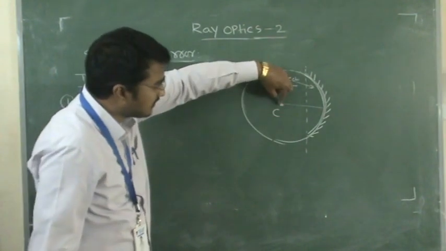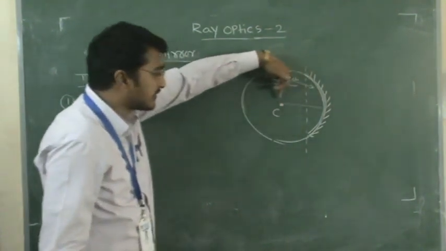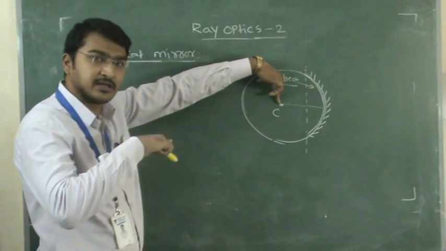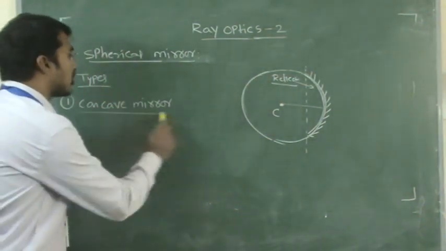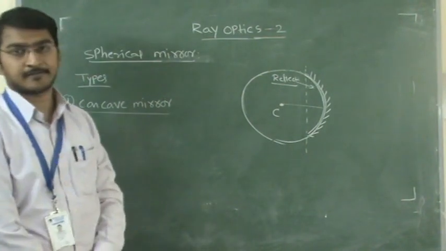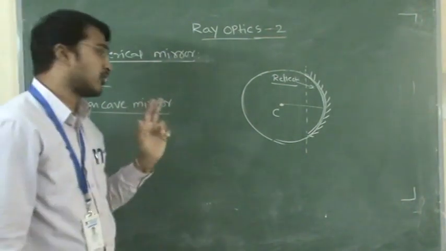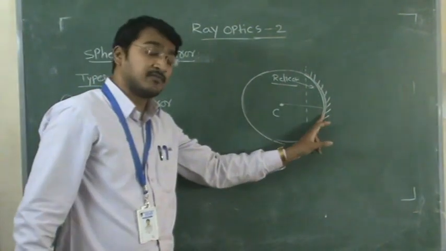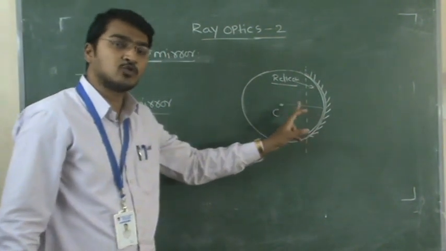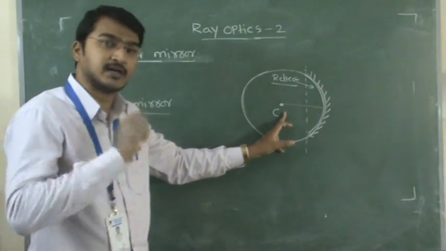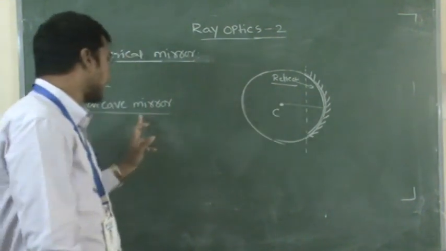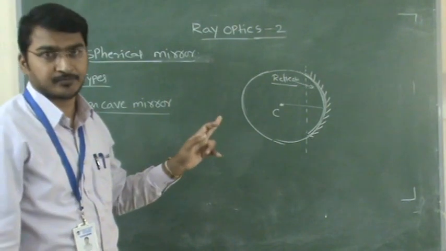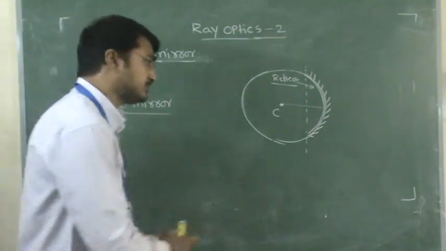Now, if the reflecting surface is towards the center of the sphere or center of curvature, that mirror we call a concave mirror. Remember it. What is a concave mirror? The reflecting surface is towards the center of the sphere. That mirror we call a concave mirror.